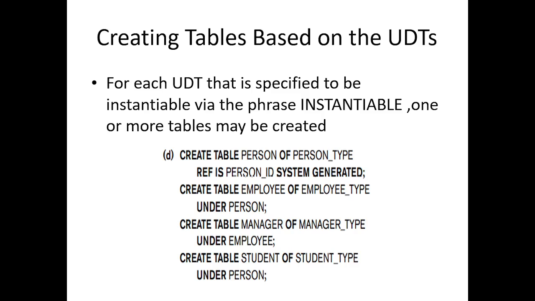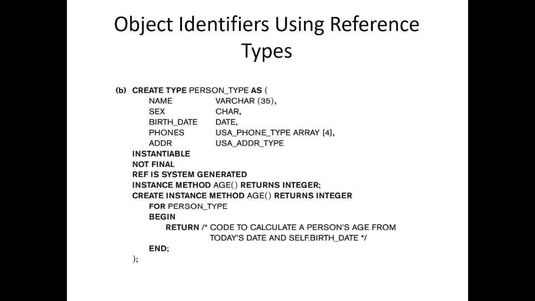As we can see, ref is system generated. It says that whenever a new person type object is created, the system will assign it a unique system generated identifier.